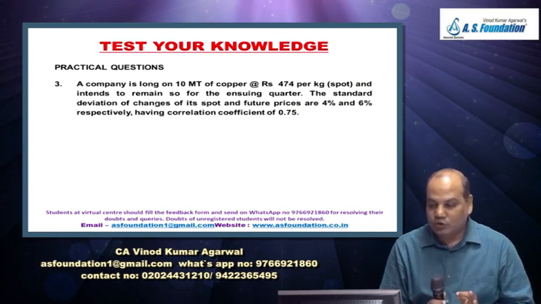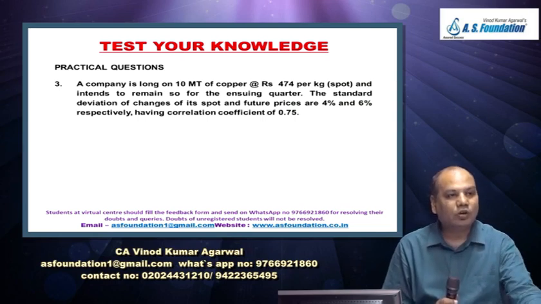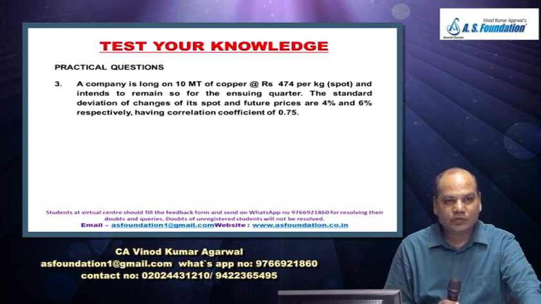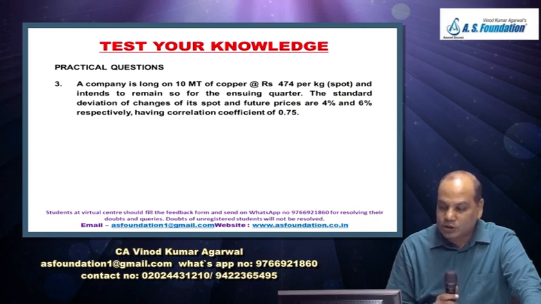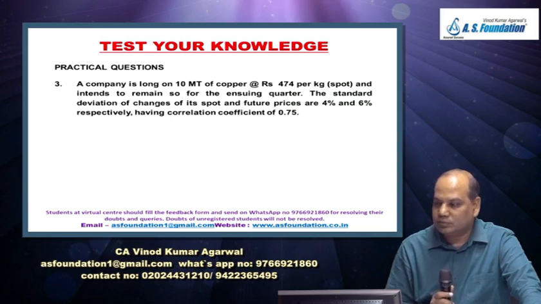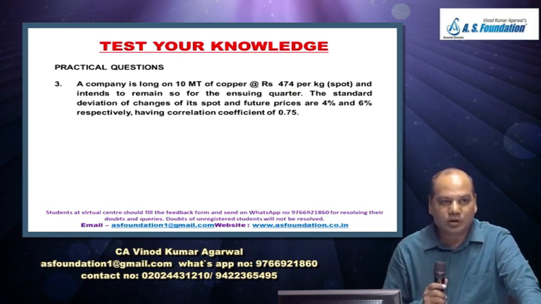A company is long on. What is long on? Purchased. This was an exam question for 4 marks also in commodity derivative SFM. A company is long on 10 metric ton of copper at rupees 474 per kg spot and intends to remain so for the ensuing quarter.